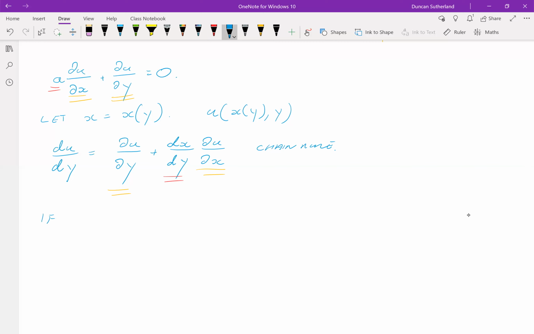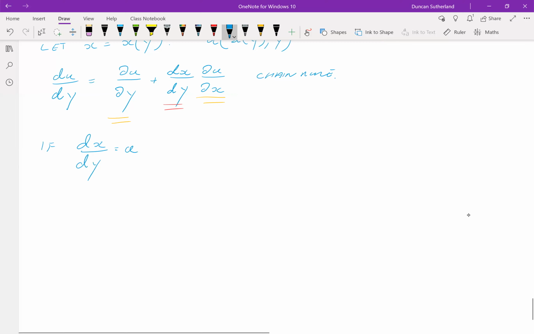If dx dy equals a, du dy equals 0. Now we'll start putting some terminology on this. We call this the characteristics. This defines the characteristics, and this is true upon the characteristics.